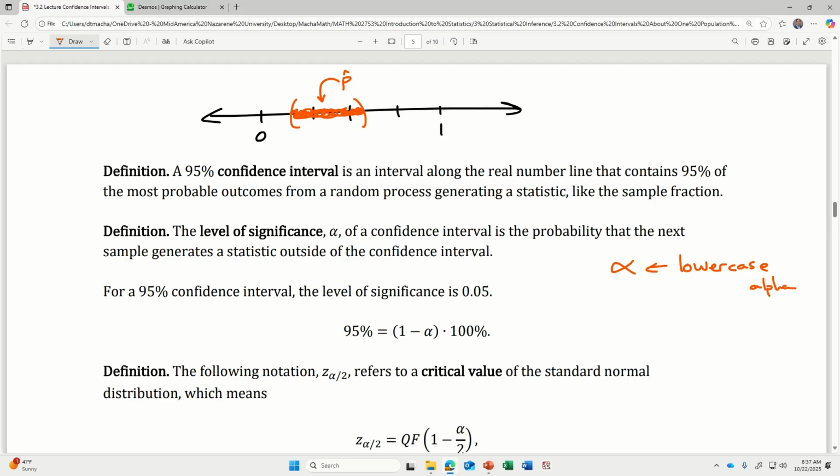So if I have a 95% confidence interval, the level of significance is 0.05. Because for a 95% confidence interval, there's a 5% chance that we're going to end up with a statistic outside of the 95% interval. And 5% is the same thing as 0.05 as a decimal.